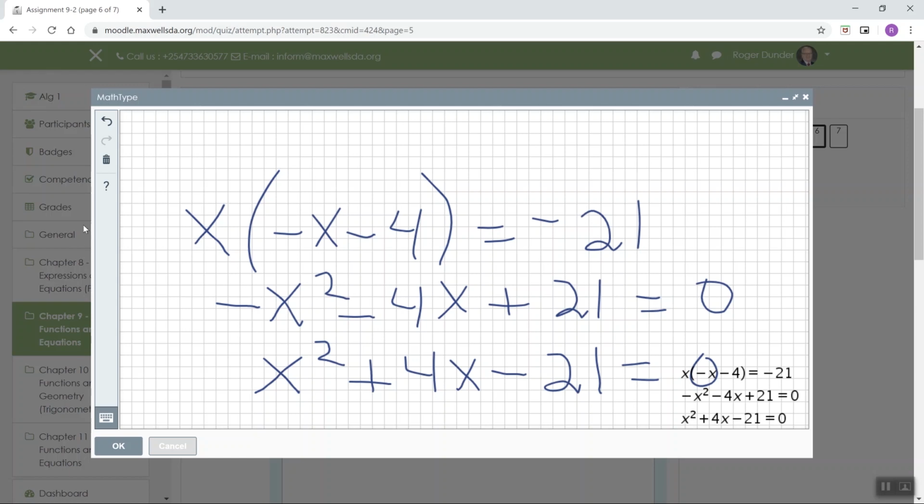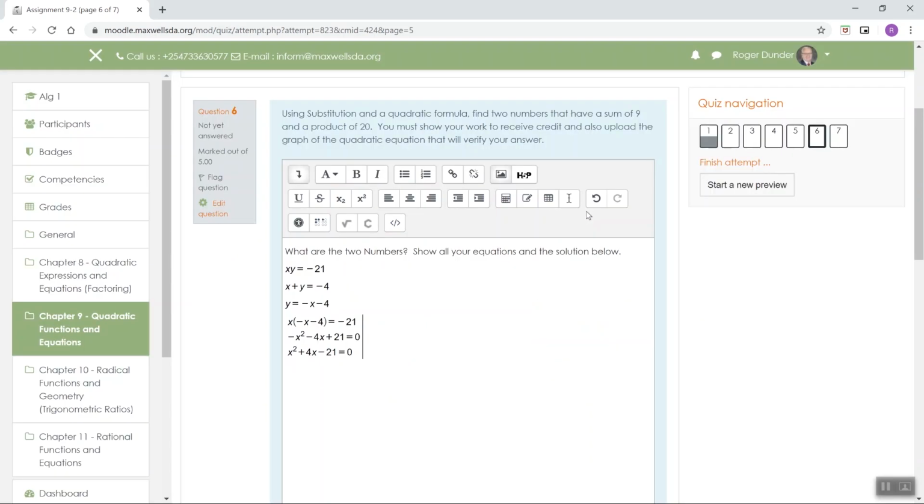And hopefully this thing will work correctly. Okay, looking fairly decent. Okay, then we'll go ahead and do another one here.